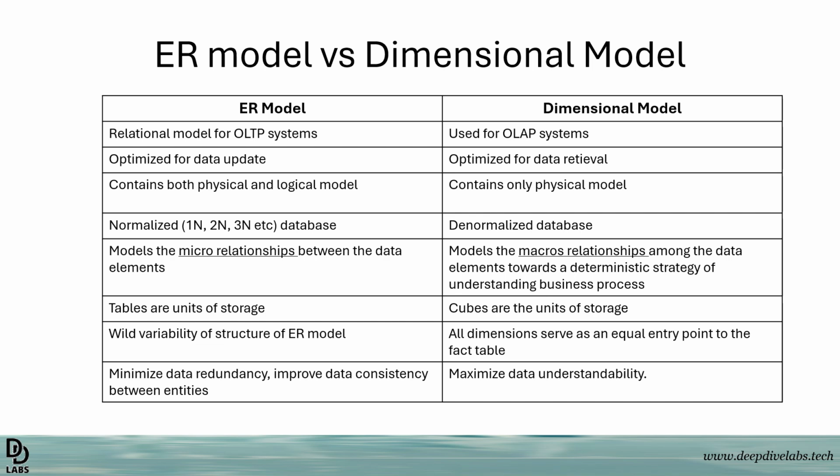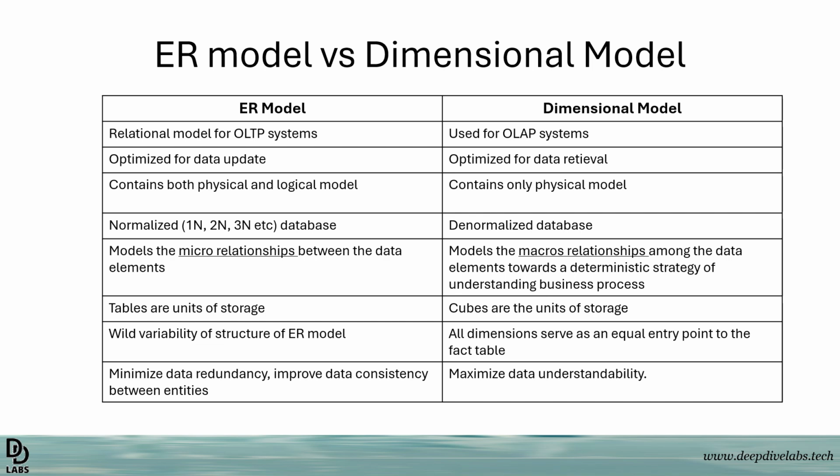Your ER system is optimized for data update, where data is written, whereas your dimensional modeling is optimized for data retrieval, for writing your complex queries. Your ER model typically contains both the physical and logical model, whereas your dimension model is typically a physical model, how data is actually stored in your data warehouse.